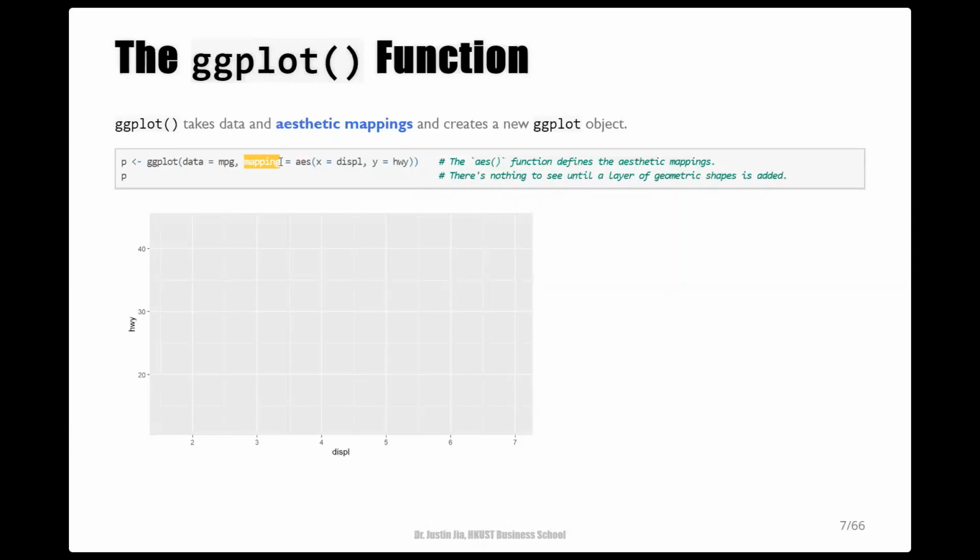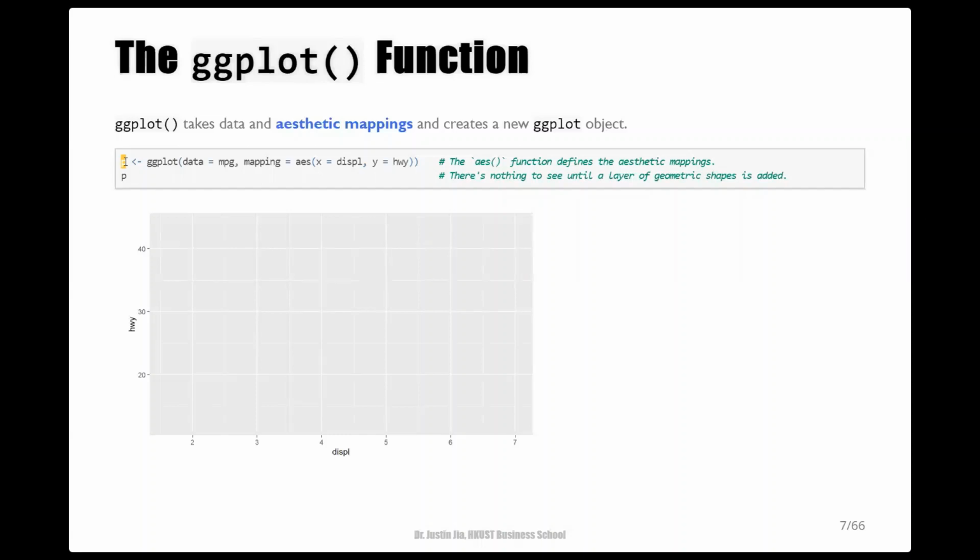Once a mapping is established, the values of the variable are used to generate values of the aesthetic. This call creates a new ggplot object. I assign it to the name p so as to be later used and added to.